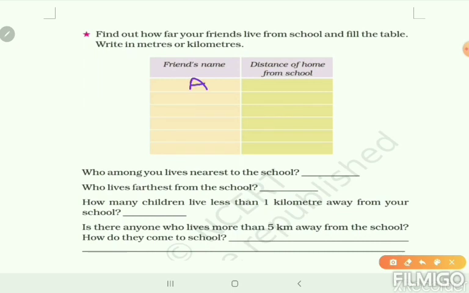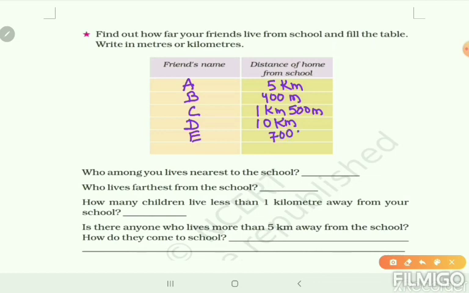Suppose you have a friend A who's, for example, 5 kilometers away from the school, and you have friend B who's 400 meters away from school, C 1 kilometer 500 meters from school, D around 10 kilometers away, E for example, maybe 700 meters away.